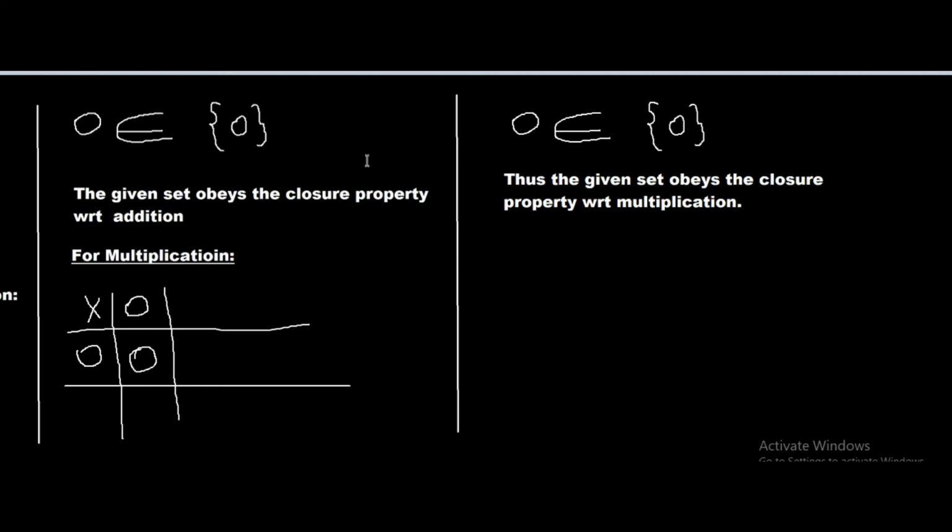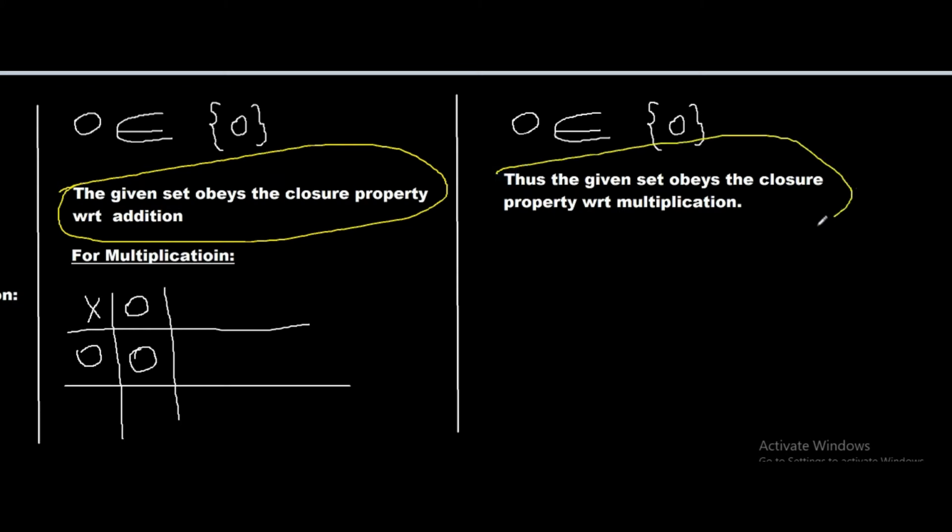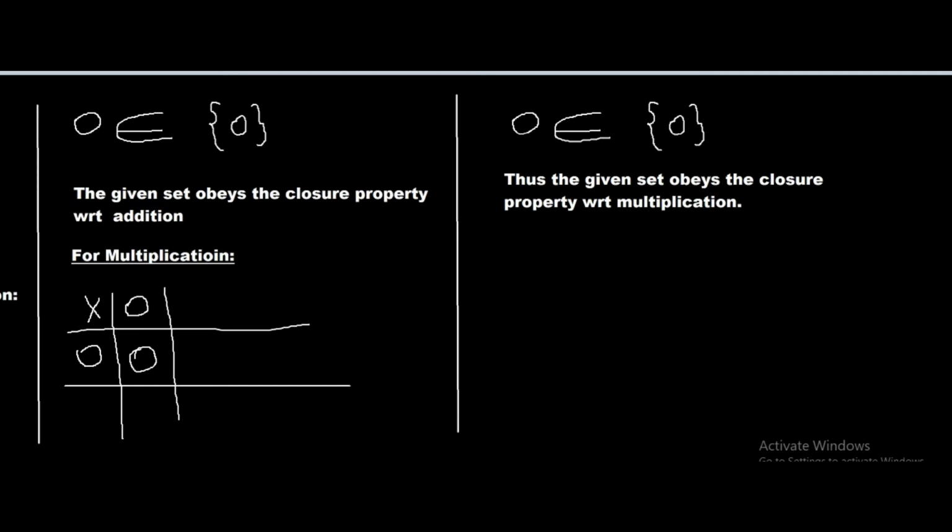Now you can see that this set is obeying both properties: the closure property with respect to addition, as well as the closure property with respect to multiplication. Both of these have been verified and confirmed. So you have to write the result at the last.